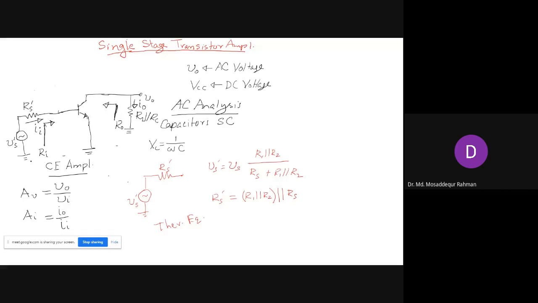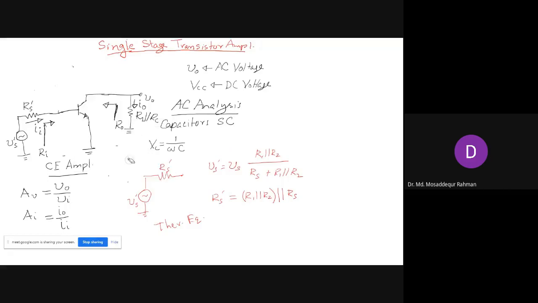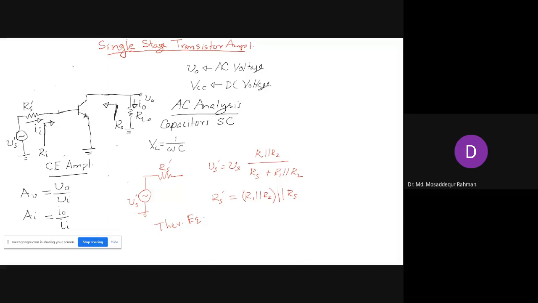So at the input side, we have just a signal source and the resistance, and at the output side, we can call it our effective load resistance.